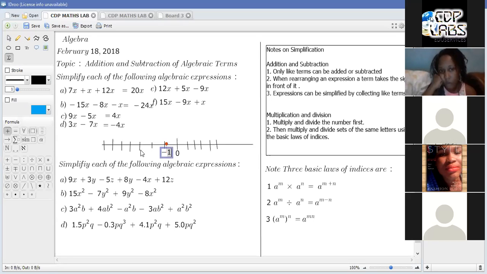This is negative 1, negative 2, negative 3, negative 4, negative 5. You can fill up the rest in your time. This is positive 1, positive 2, positive 3, positive 4, and positive 5.